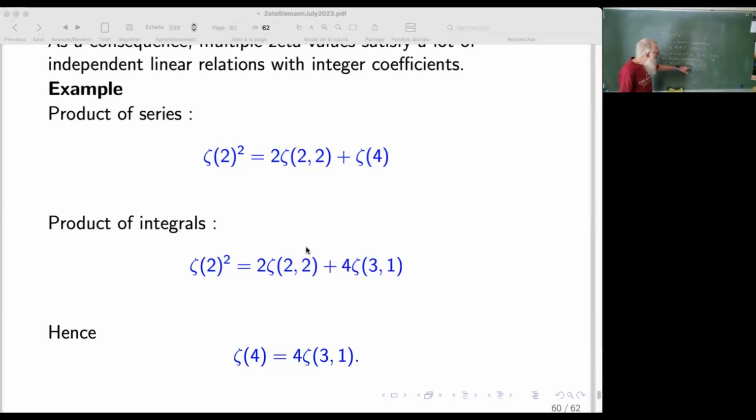If we know all the linear independence relations between the MZV, then we know all the algebraic relations between the zeta values.